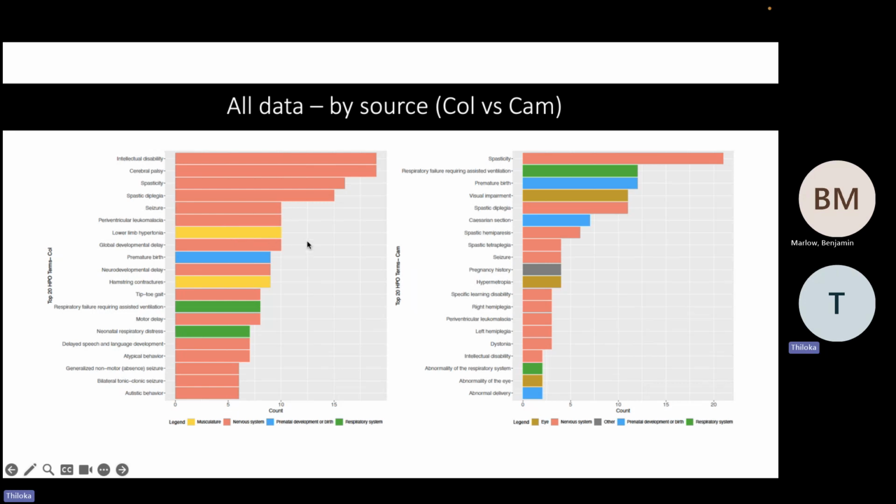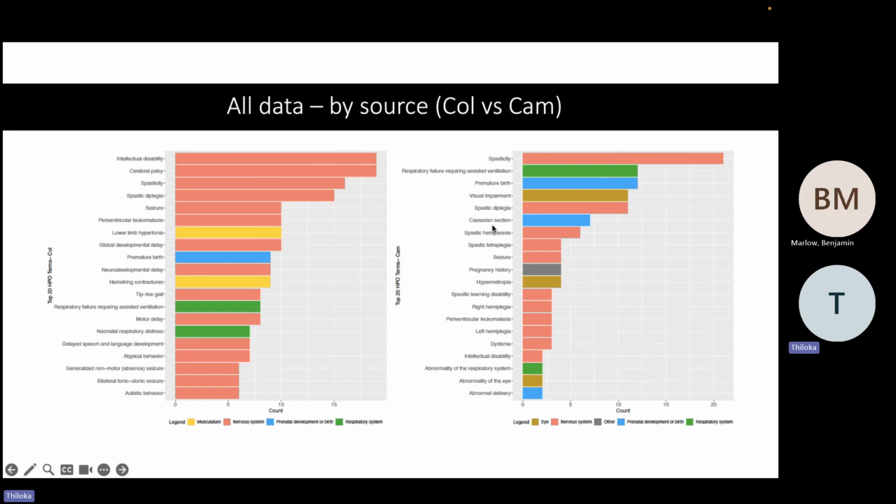So in the data by source, Colchester is on the left-hand side and Cambridge is on the right-hand side. The one thing I might direct your attention to is that our top collected term is intellectual disability in Colchester versus spasticity in Cambridge.